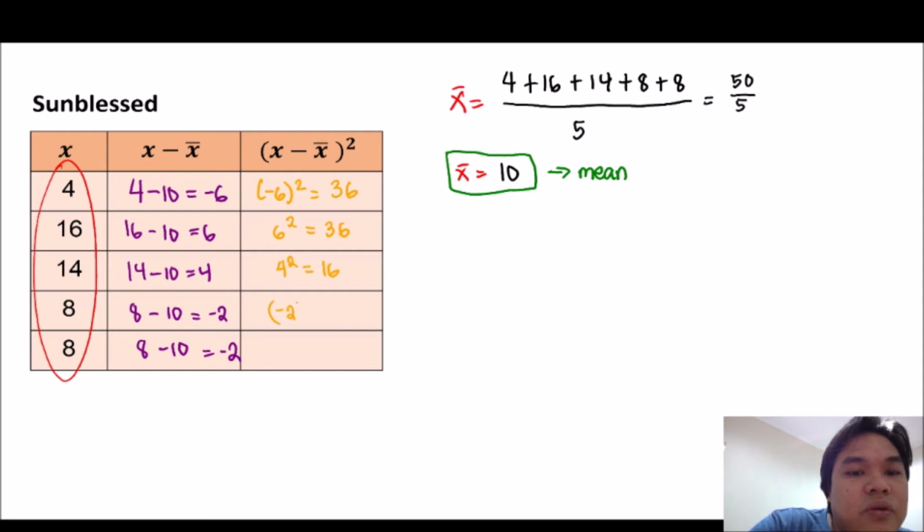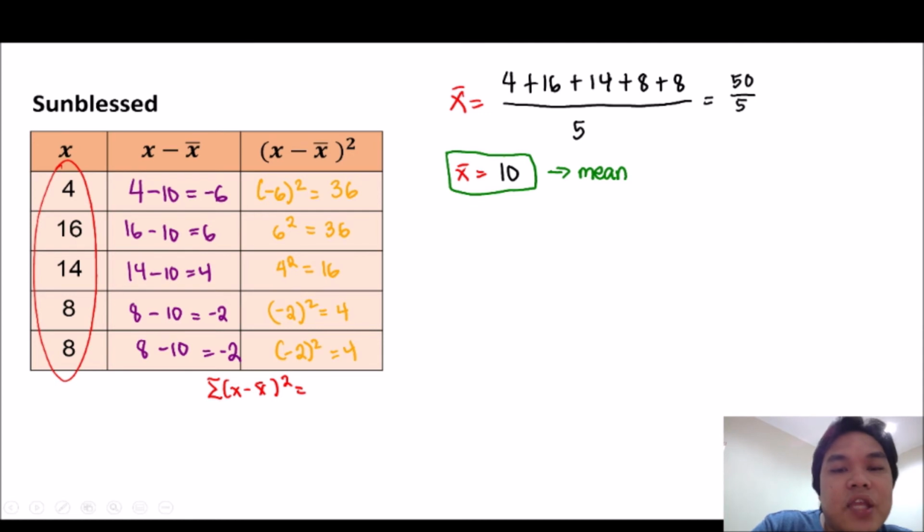Negative 2 squared is 4. Negative 2 squared is also 4. Then we take the sum of the squared deviations. So 36 plus 36, 72 plus 16, 88, 92, 96.